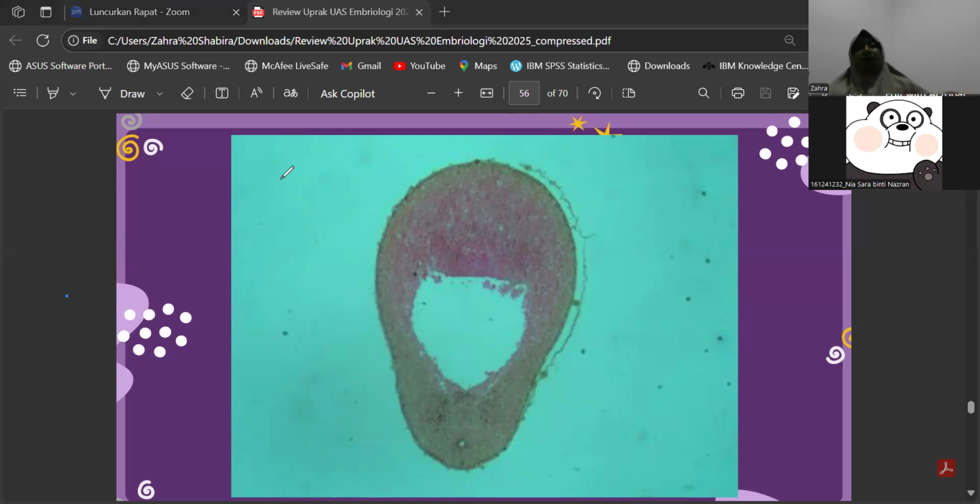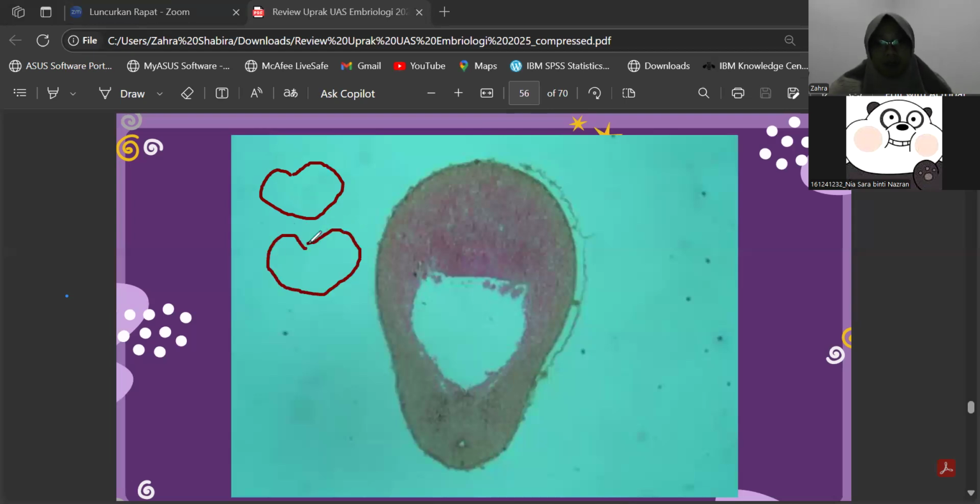If it is an early neural tube and a neural crest exists, you can imagine the shape of a heart, or maybe an apple, with the pointed part over here, where the neural crest is. While in the late neural tube, it is already like a ball. There is nothing pointed anymore, only a ball.